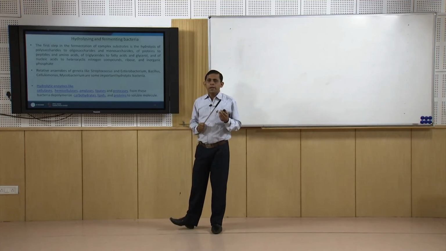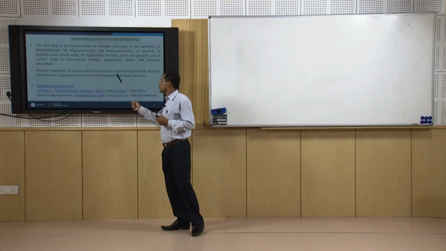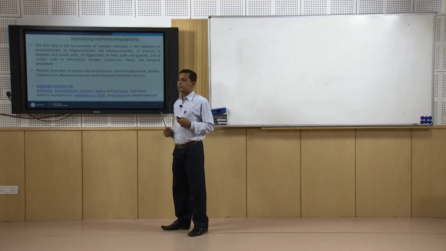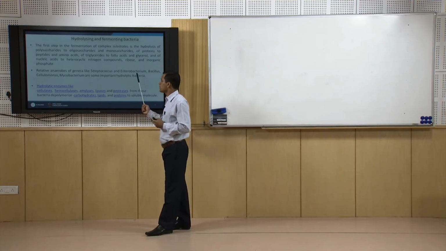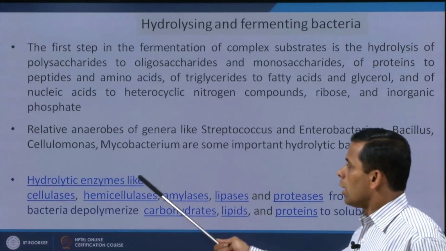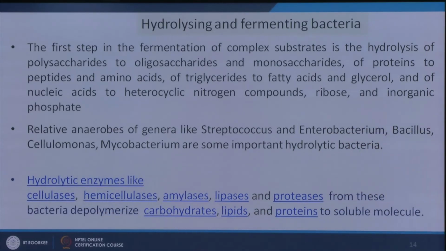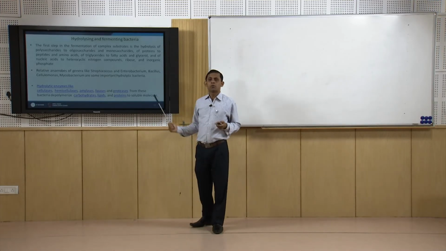Now, we can use the enzymes extracted from these microorganisms in place of the whole microorganism cells. Those enzymes are cellulases, hemicellulases, amylases, lipases and proteases, and they depolymerize the carbohydrates, lipids and proteins to soluble molecules.